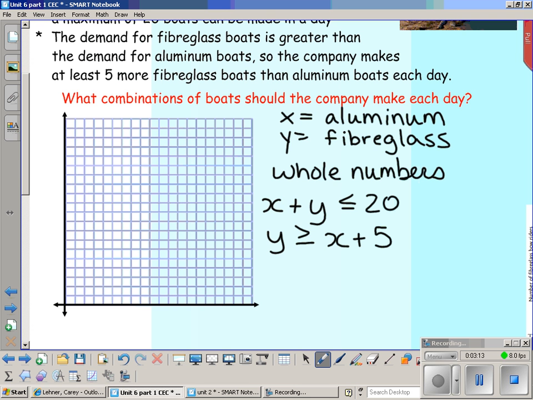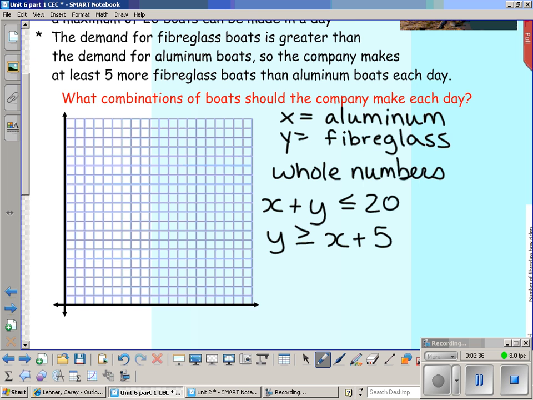So however they make for aluminum, that's your X number. Say they made 1. They have to make 5 more of the fiberglass. So you have to add 5. Or we could make more. So now what we have to do, we have our 2 inequalities. So now we want to graph them, and we want to find our intersecting regions.